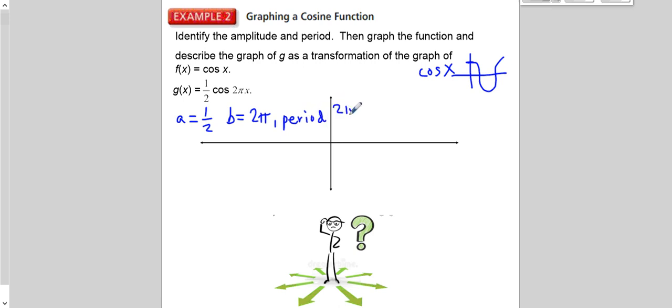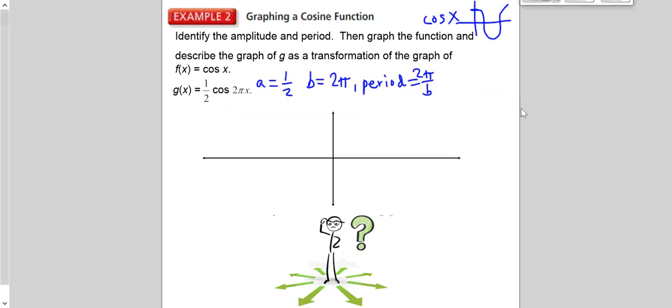It's 2 pi over B. I just moved things around a little. B is 2 pi. And 2 pi divided by 2 pi is 1. So this time, the period is 1.